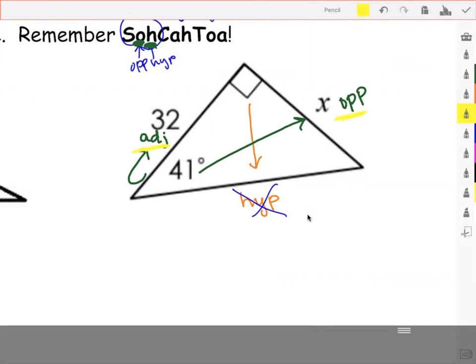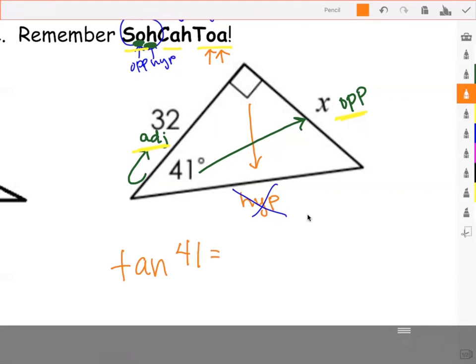Is that SOH, CAH, or TOA? Which one has adjacent and opposite? Well, here is opposite and adjacent. So this is going to be tangent. So tangent of 41, it's always sine, cosine, tangent, and then your angle measure.